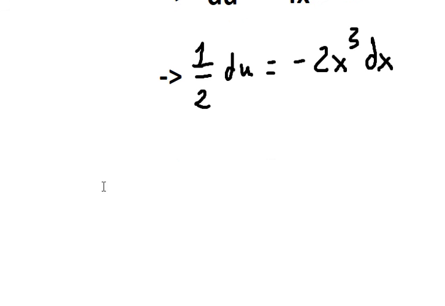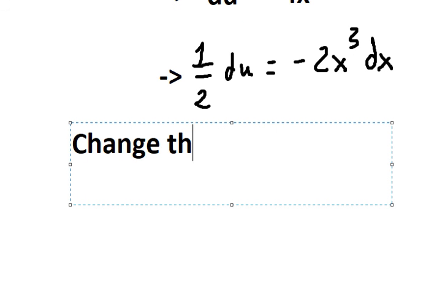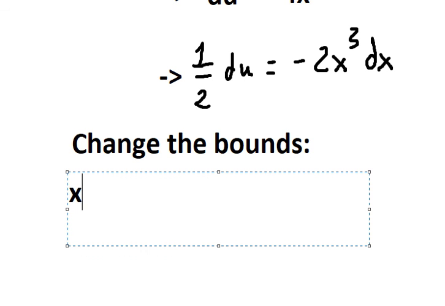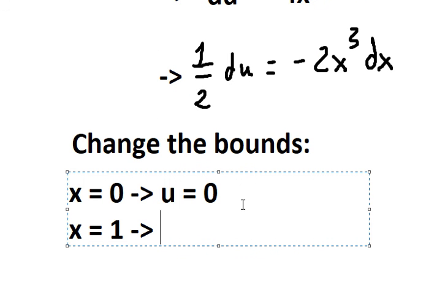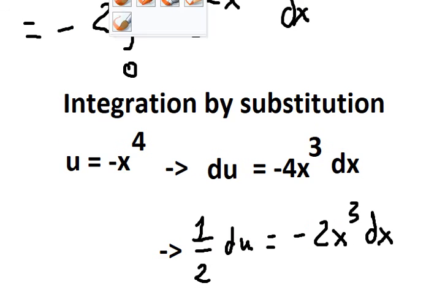And now we need to change the bounds. When s equals to number 0, so we put number 0 cone here and we have u equals to number 0. When s equals to number 1, we put number 1 cone here and we have u equals to negative number 1. And now we have like this.